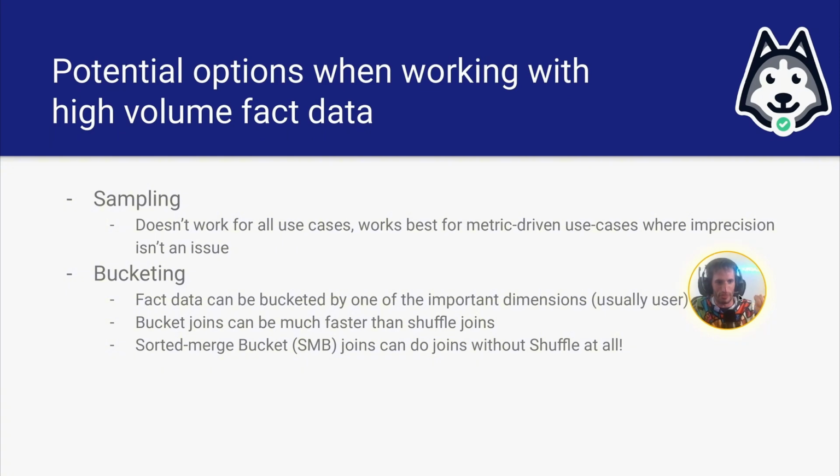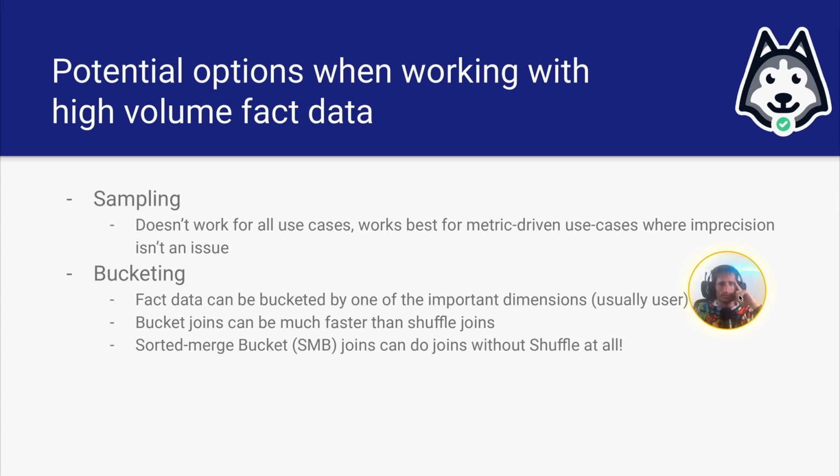If you have about 30 data points, you start to approach that normal distribution. That is a very powerful technique, especially when you're working with metrics that are mostly used to gauge directionality, but not when you need to know the specific row data. If you need the specific row data, sampling is not going to work.